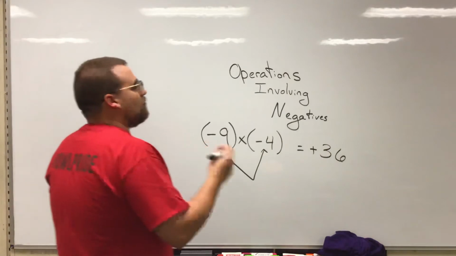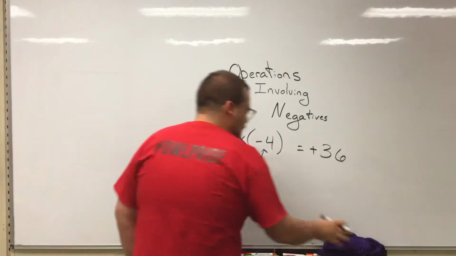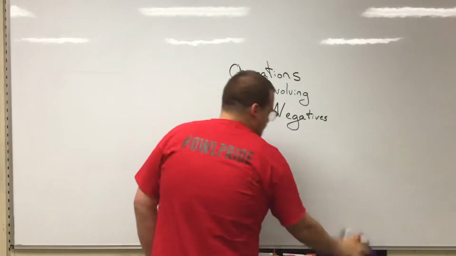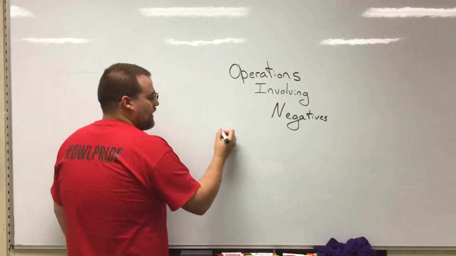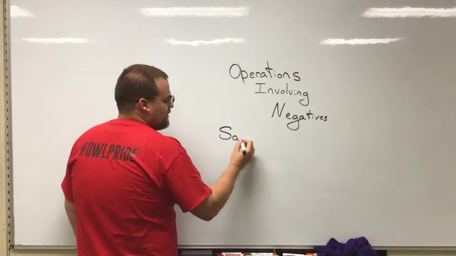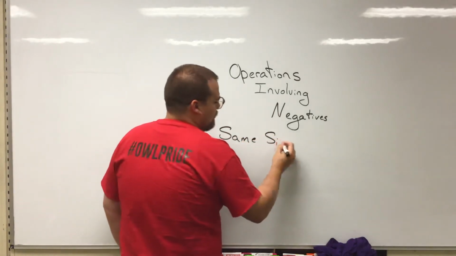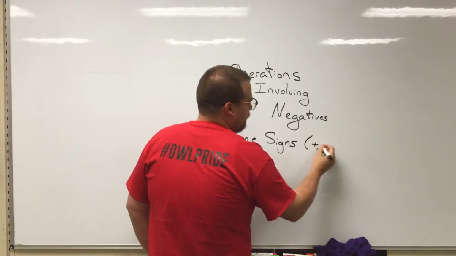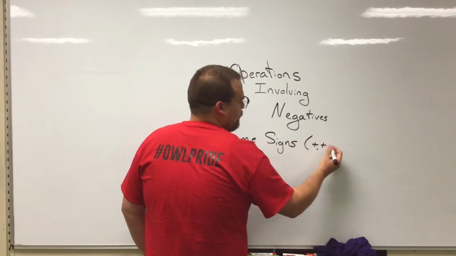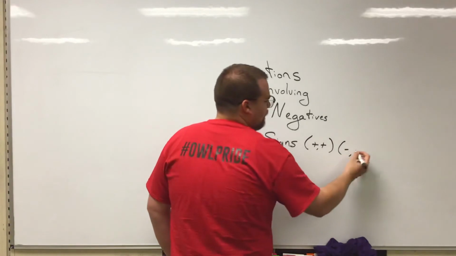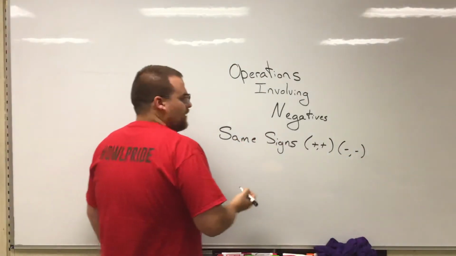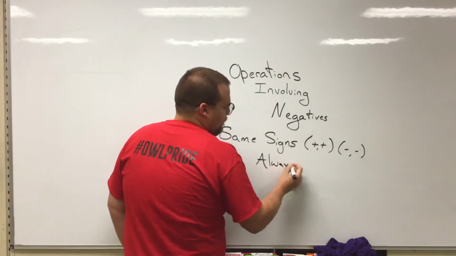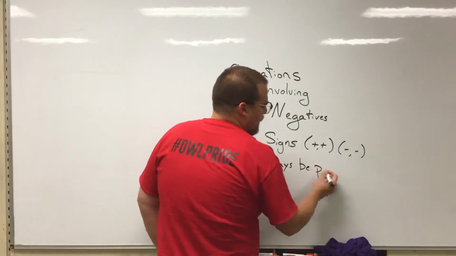So really, what you want to think about, the golden rule of operations with negatives, is if you are working with the same signs, whether that be positive or negative, then your answer will always be positive.